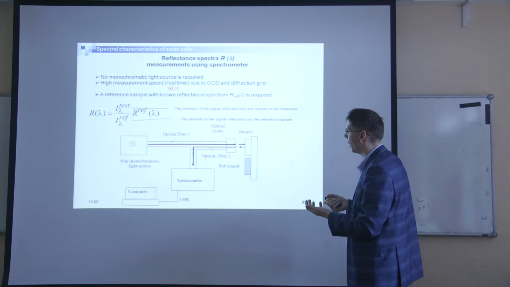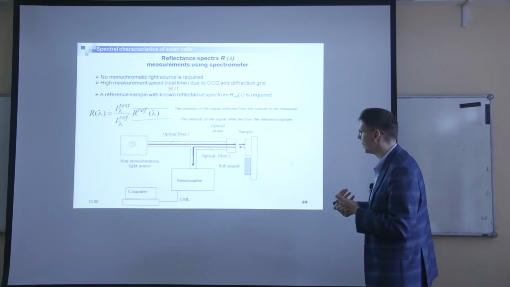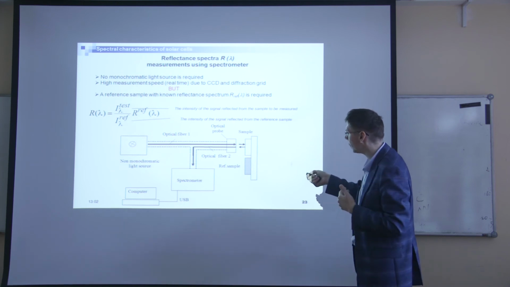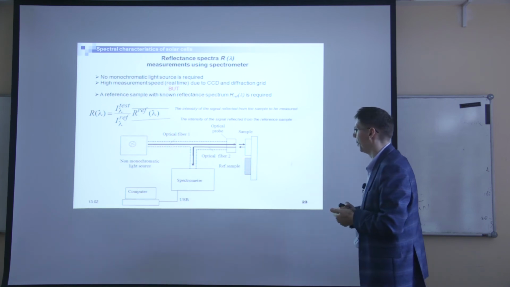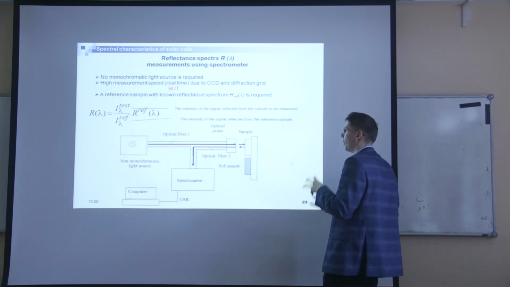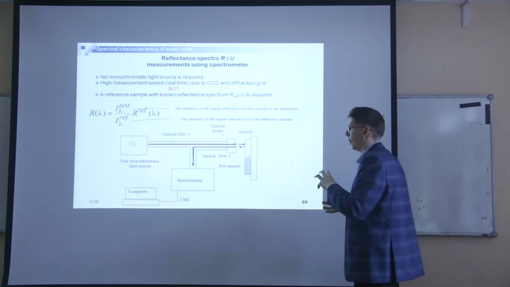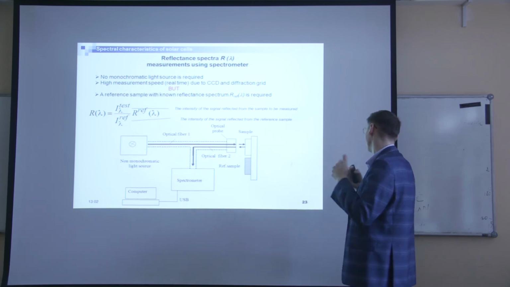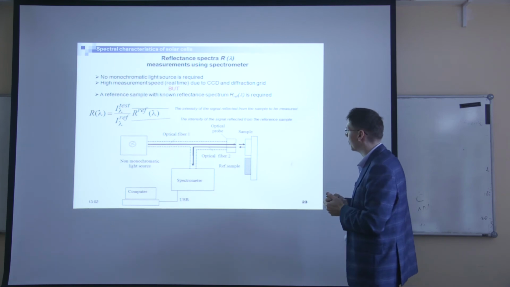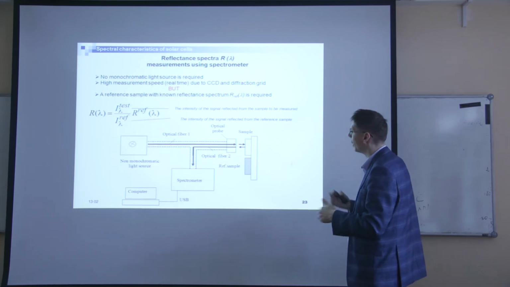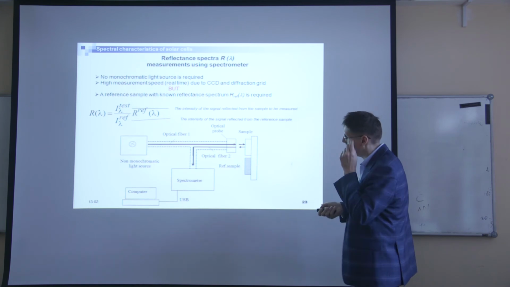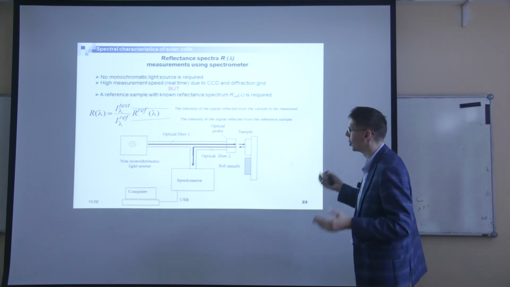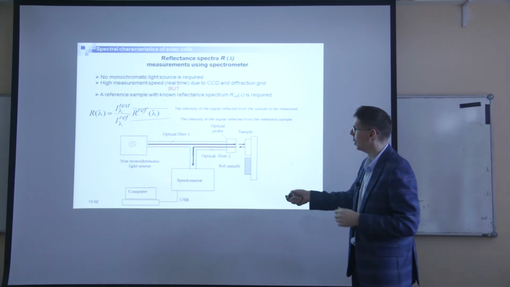But the main idea is that in this case you perform the measurement with a reference sample. So you need some reference of the reflection, which is a very important point. Using this reference, you do not need to know exactly any calibration of your photodetector or spectrometer.